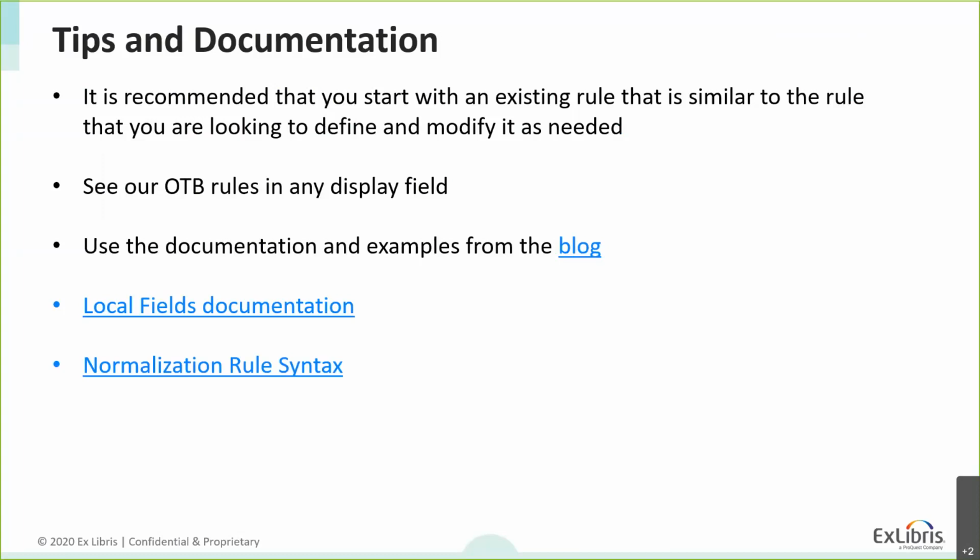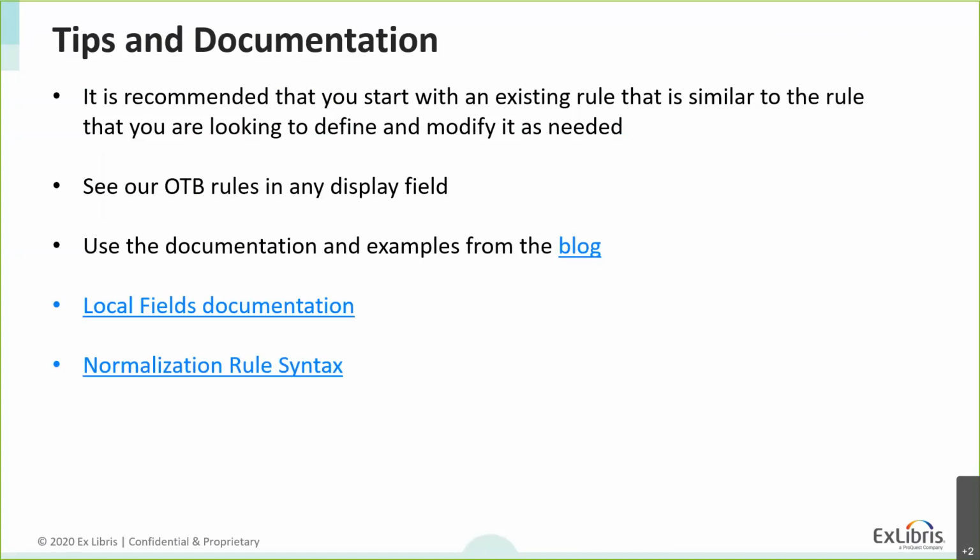I'm taking a rule and seeing how it works, changing and editing it. You can see many rules in each one of the out of the box display fields as I showed you. If you think you need a complex rule that defines many actions, you can see it there. And if you think you need a simple rule, as we showed, you can just take an example from there.